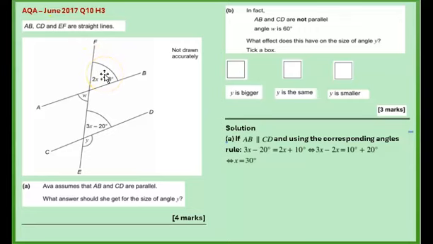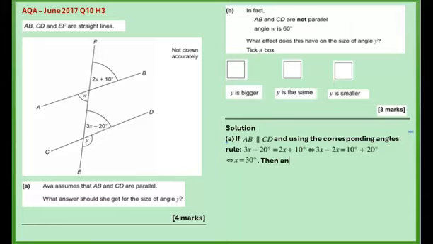Knowing the value of x, we can find how much is 3x minus 20. Now, why do we need that? Because angle y and angle 3x minus 20 are adjacent angles, and they add up to 180. They are on a straight line. So we know that y and 3x minus 20 make 180 degrees.